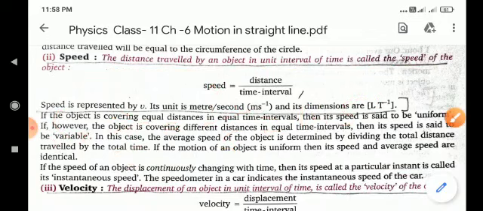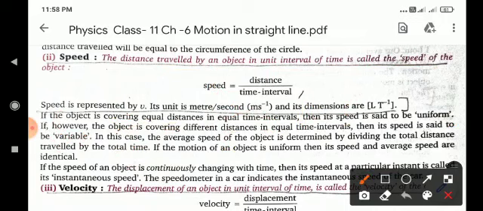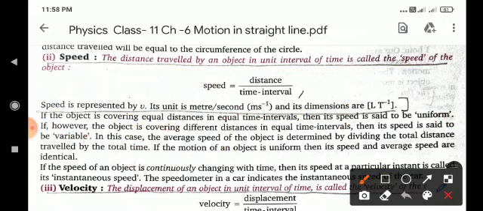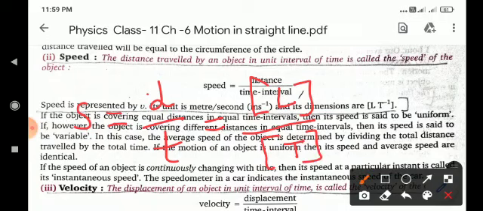The dimension of distance is capital L and of time is capital T, so the dimension of speed is LT minus 1. Right?